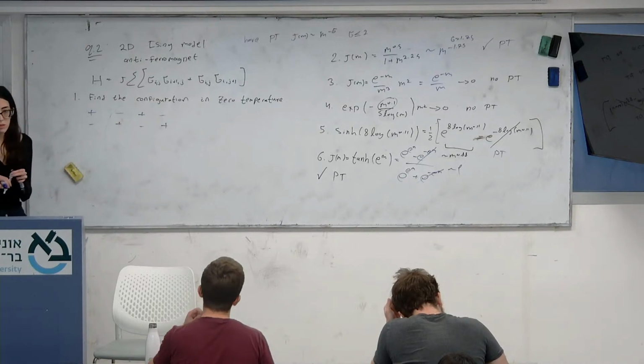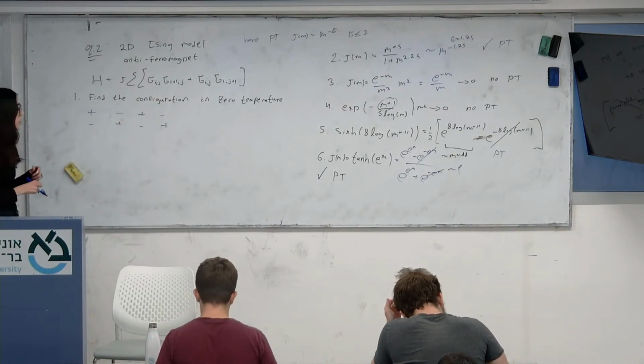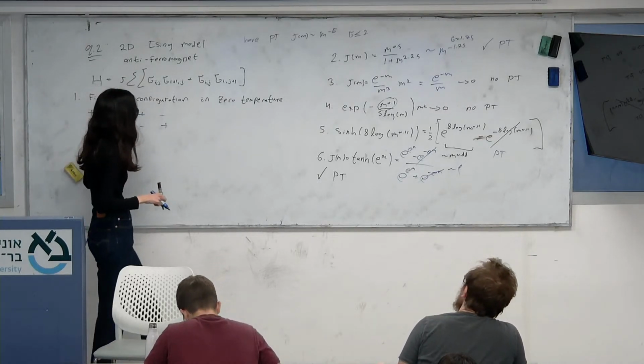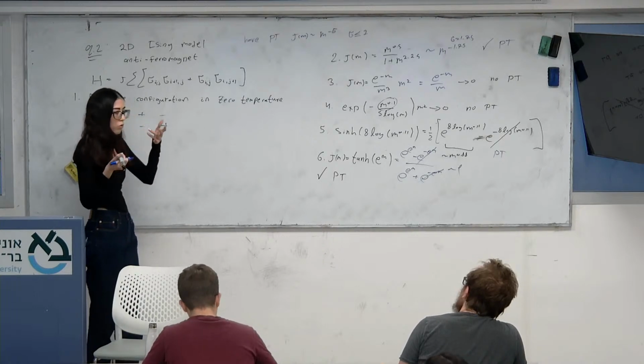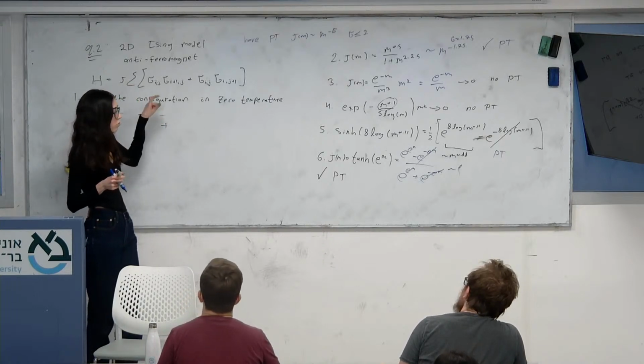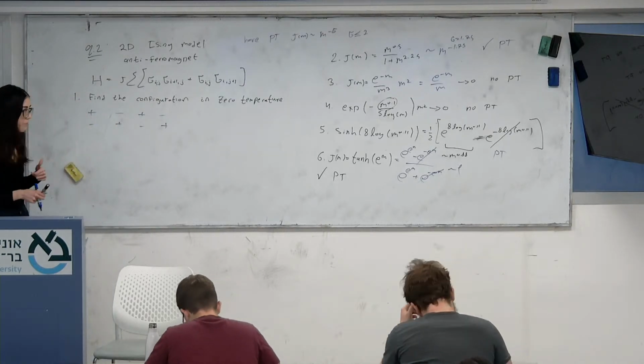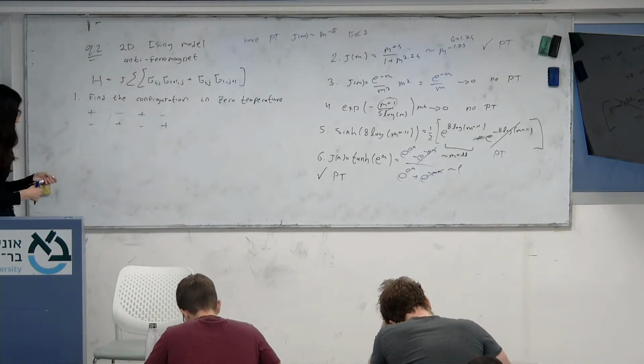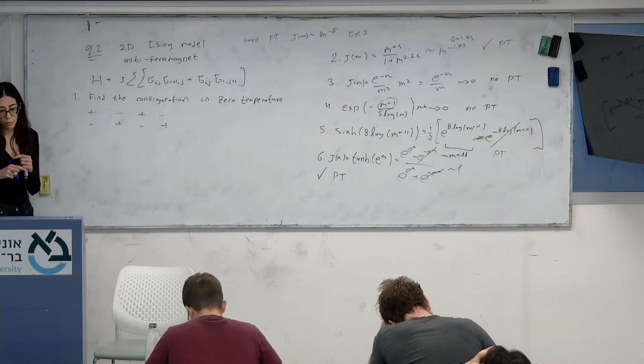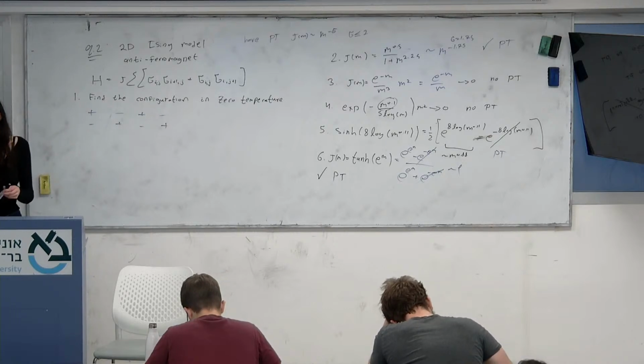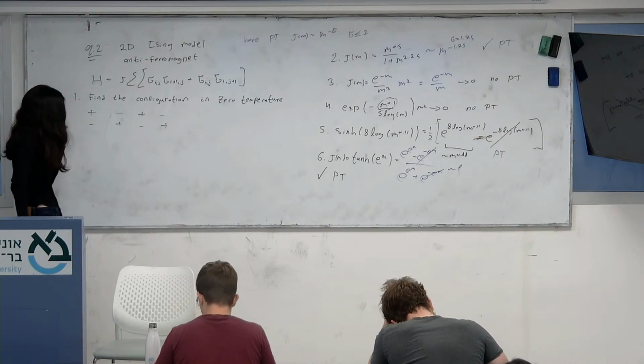So there is no frustration here. We don't have frustration because we don't have loops with 3 spins. This is a 2D grid, so everything's fine. If we have a triangle type of grid, it will be an entirely different question. So this is the configuration.